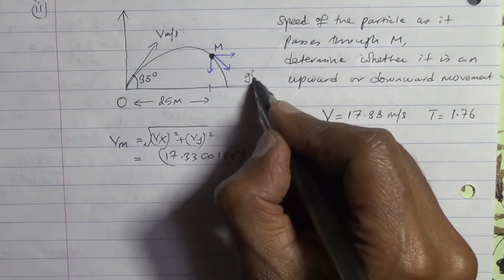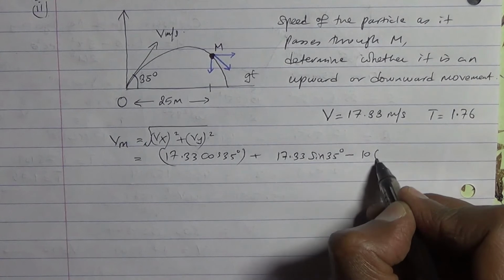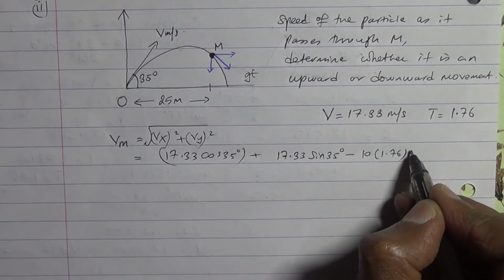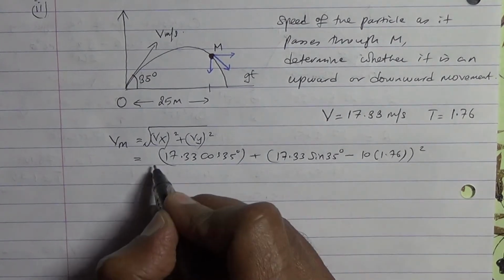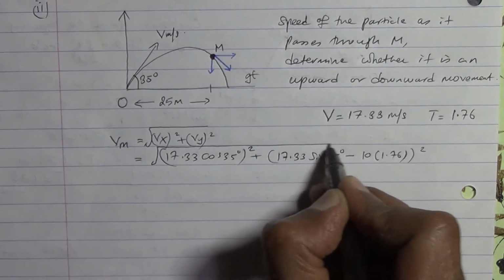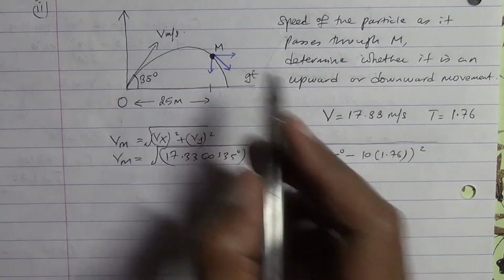There's gt acting downwards, so minus 10 times the time, t is 1.76. That's the y component. All of that squared, here squared, and you do the square root of that. So that's the speed as it passes through M.